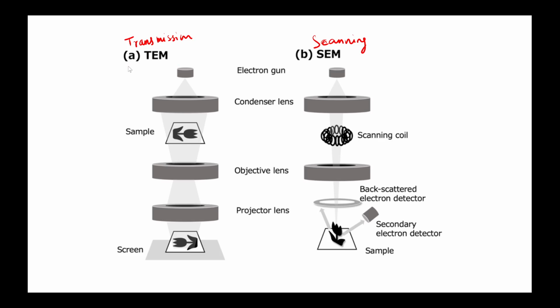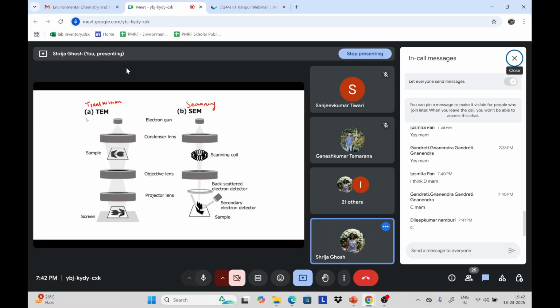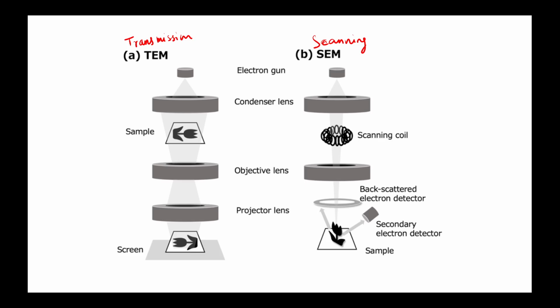Yes, anyone has any doubt? Okay. So transmission electron microscope and scanning electron microscope. By the name itself, you can see in this case, from the electron source, the electrons are transmitted through the sample.